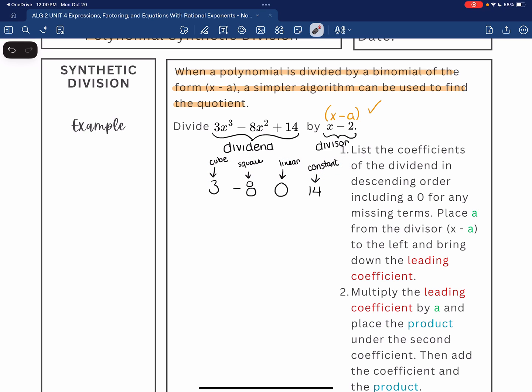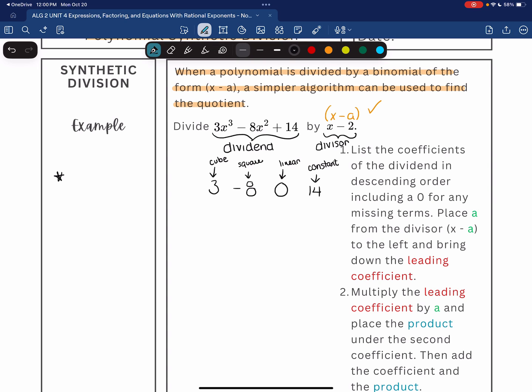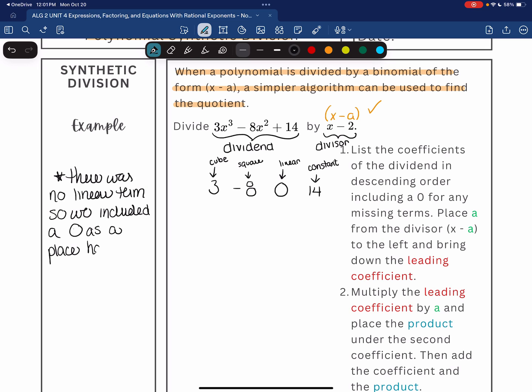Write them in your notes right now so that you do have the record. Let's make a little note to ourselves that there was no linear term, so we included a 0 as a placeholder to fill in that gap.